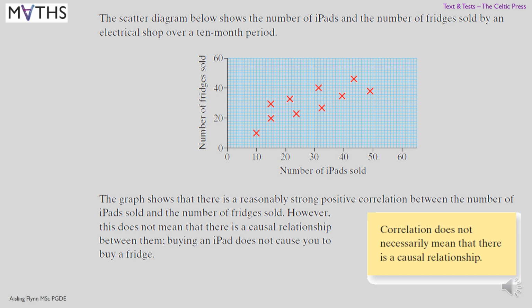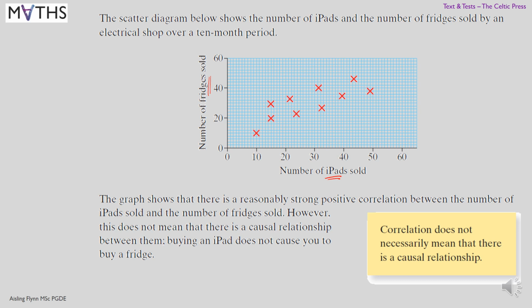So the scatter diagram below shows the number of iPads and the number of fridges sold by an electrical shop over a 10-month period. Okay, so on the horizontal here we have iPads sold, and on the vertical here we have fridges. So at first look there appears to be a correlation.